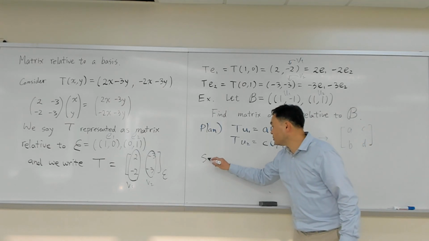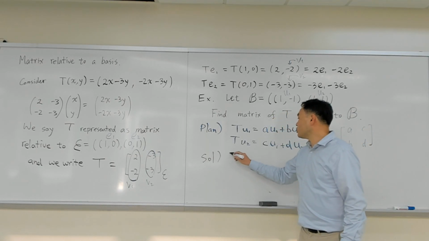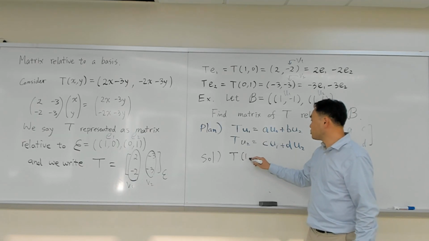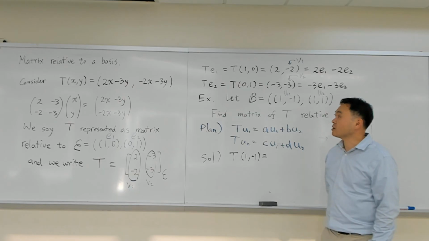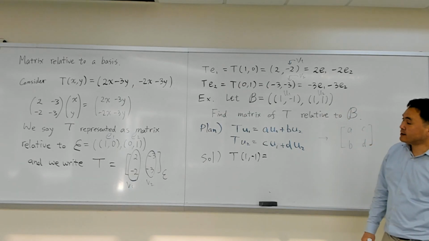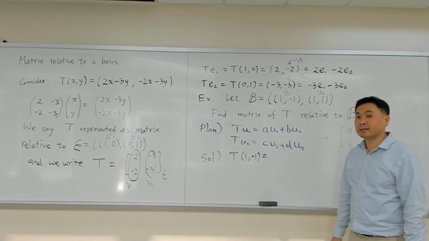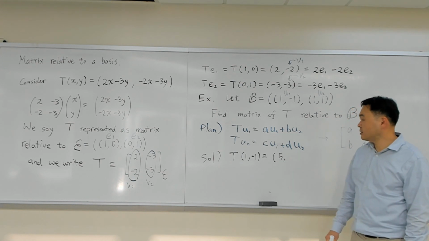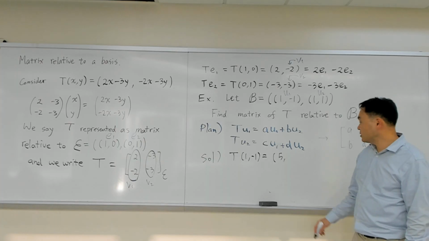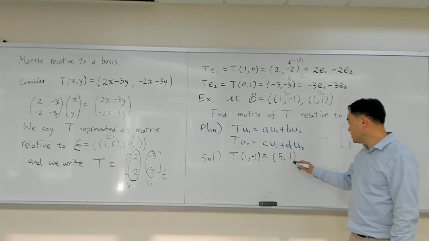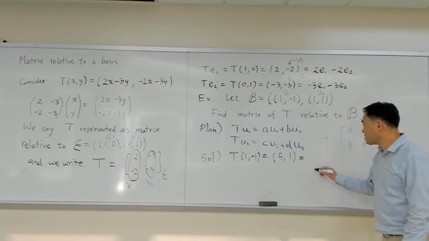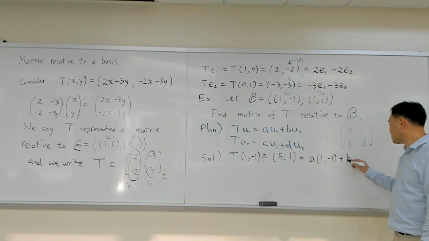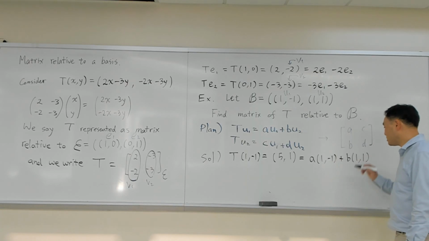Okay, solution. What's T of U1? T of U1 is 1, -1. Okay, what is that? 5, and then 1, -1, 1, right? Now I need to rewrite this as something times 1, -1 plus something times 1, 1.